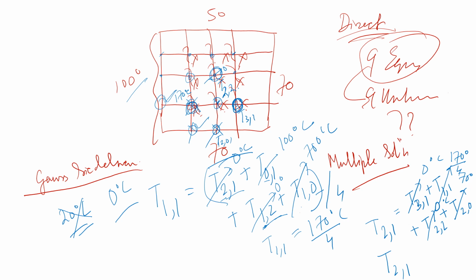So T21 will be 0 plus 0, plus 170 degrees by 4, plus 70 degrees, all through the division by 4. Correct? So this is actually 42.5.